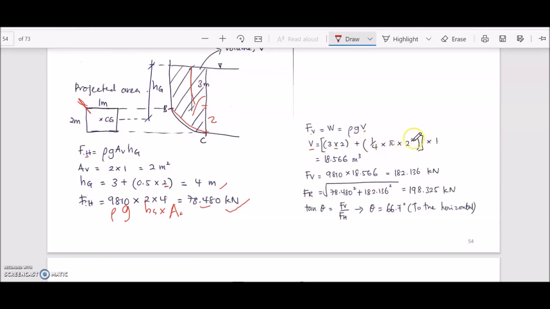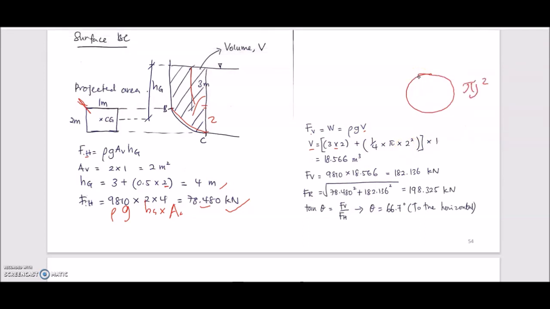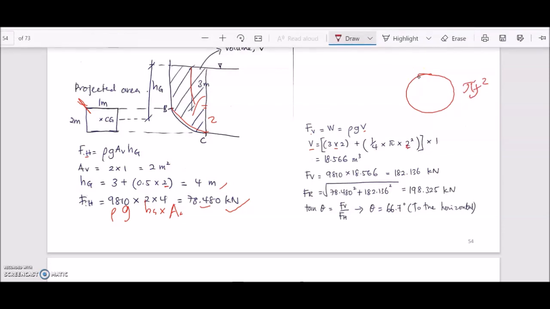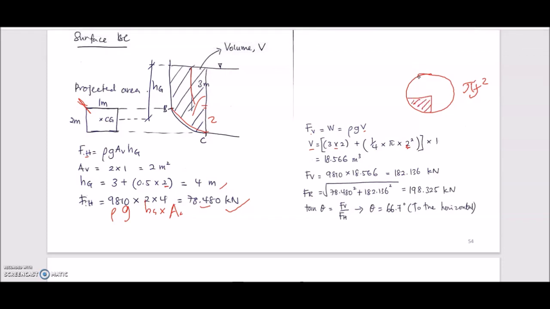This is the formula for the circle: pi r to the power of 2, where r is 2. Because we only have this part, we divide by 4. So we get 1/4 pi r squared times rho g h, where h is 1.